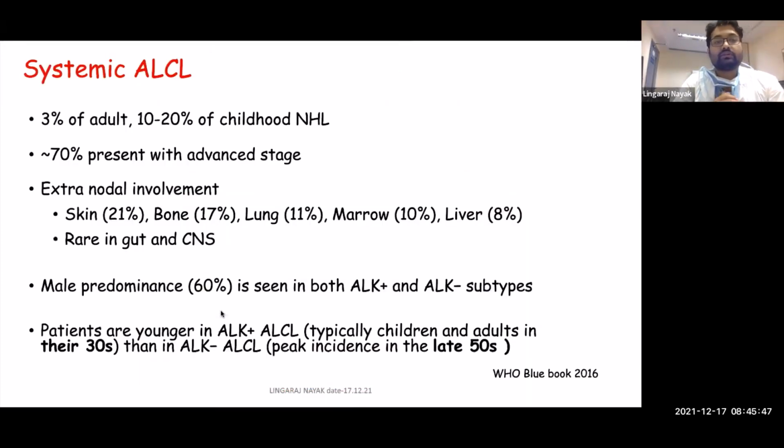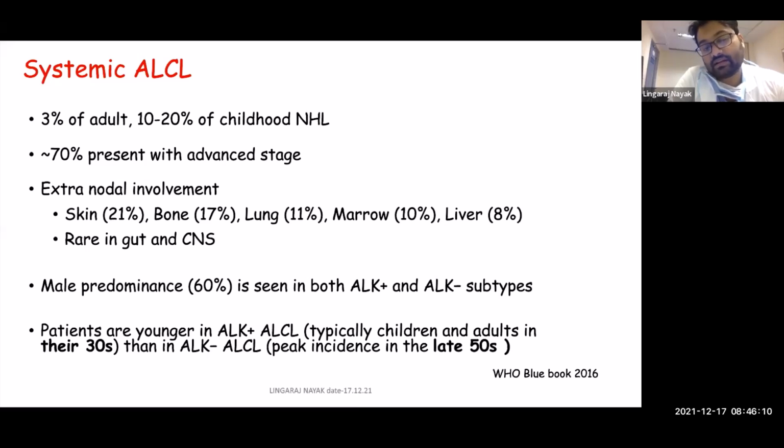Okay, so now coming to systemic ALCL, as I was discussing, out of total NHLs it is 3% in adults and 10 to 20% of childhood NHLs. So systemic ALCLs are more common in childhood as compared to adults. 70% present with advanced stage disease. And if you see the type of extranodal involvement: skin, bone, lungs, marrow, liver.